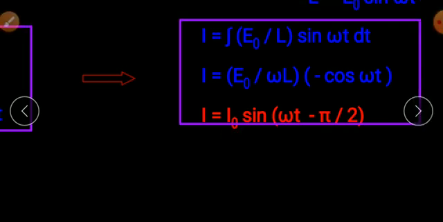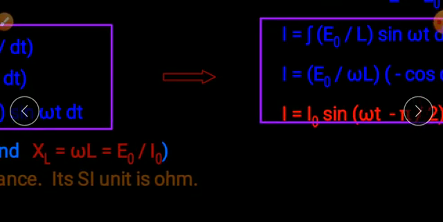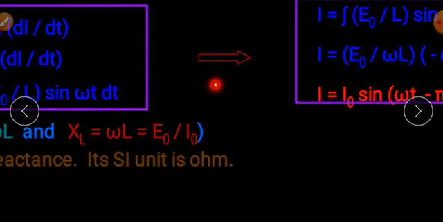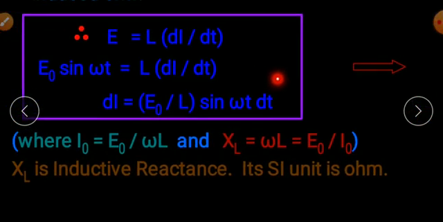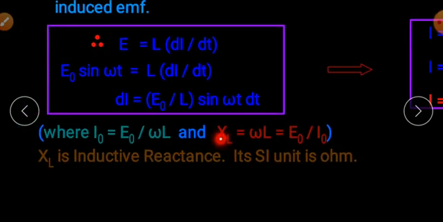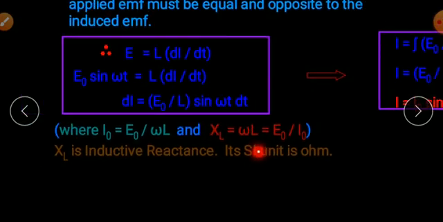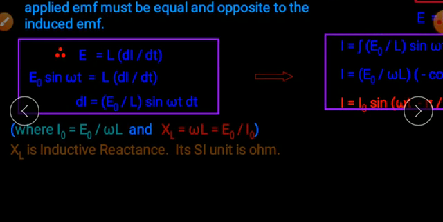Now from this equation, I naught equal to E naught upon omega L, and XL equal to omega L. So XL is equal to E naught over I naught.